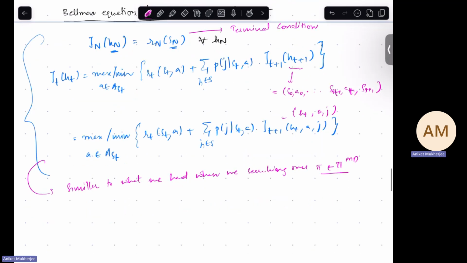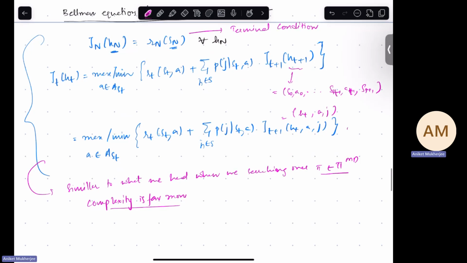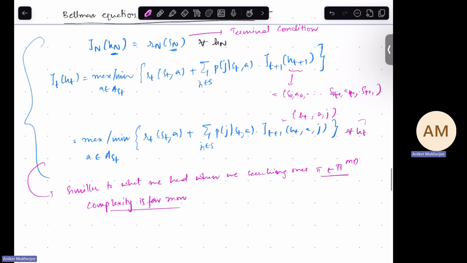But here the complexity is far more because you have to do this for all HT. And here you have to do it for all ST. So the cardinality of HT is way greater than cardinality of S. Right?